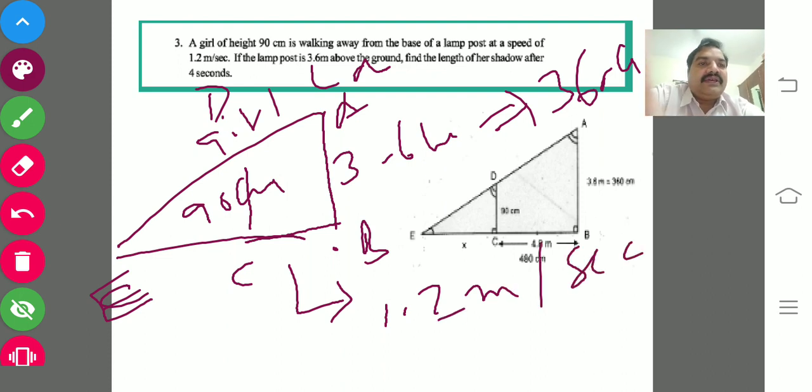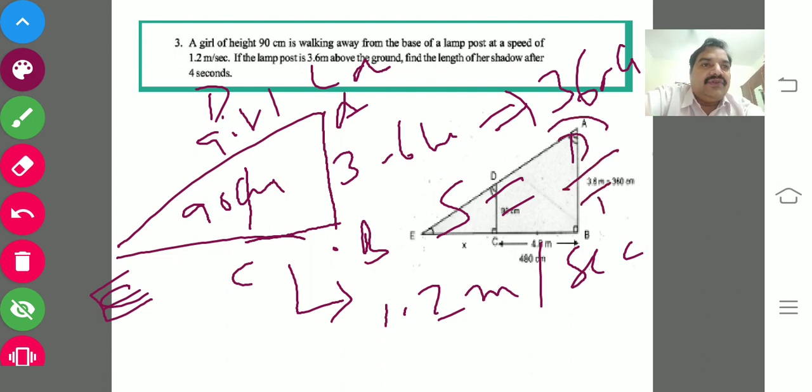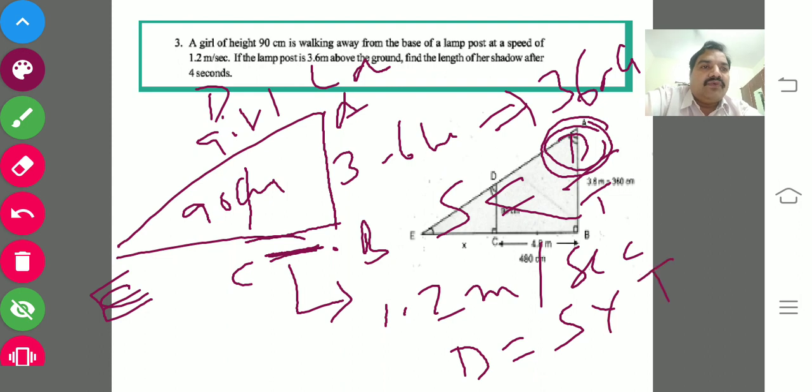Meters per second means it's a speed. You know that speed equals distance by time. And you are going to find how much distance she has traveled. So the distance equals speed into time. What is the speed?